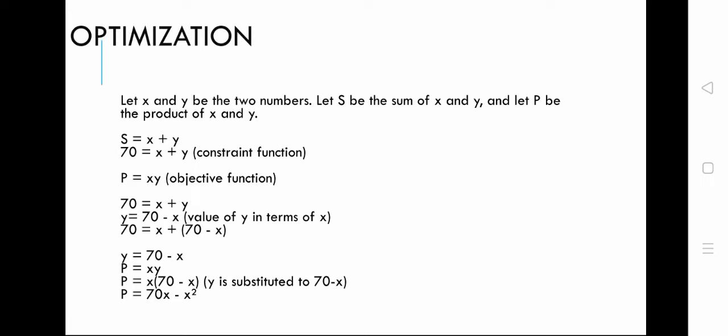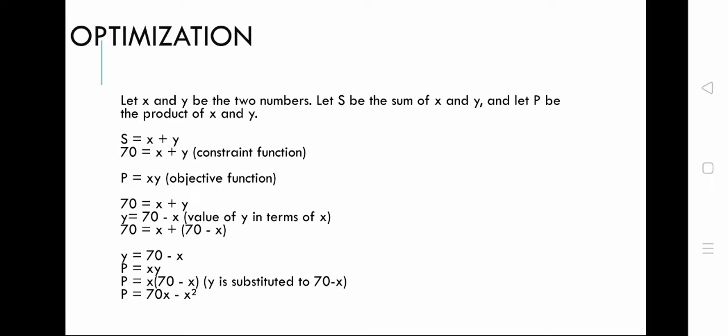So, let x and y be the two numbers. Let S be the sum of x and y, and let P be the product of x and y. So, setting up the functions, we have S, which is the sum. S is equal to x plus y, the sum of two numbers. And since the given sum is 70, we have 70 equals x plus y, which we can consider as the constraint function.